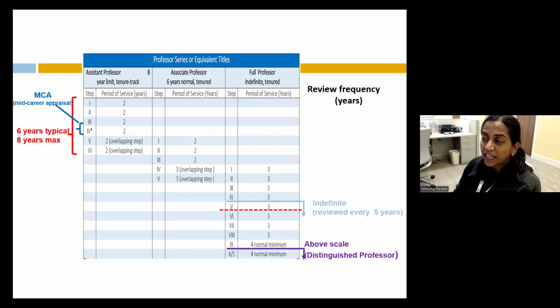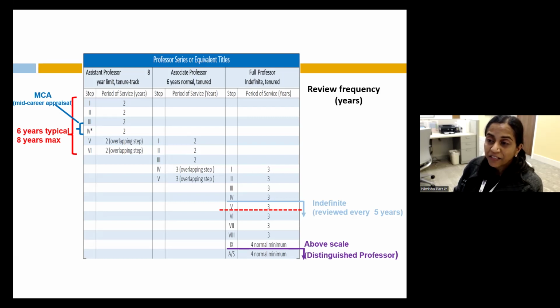So this is a really nice chart to look at. When you first started at UCI, in your letter, it will say what rank and what step you are at. And then the goal would be, if you started straight out of training, you're either at a step 1 or 2, depending on fellowship and additional training. And then you'll be at each step for 2 years.